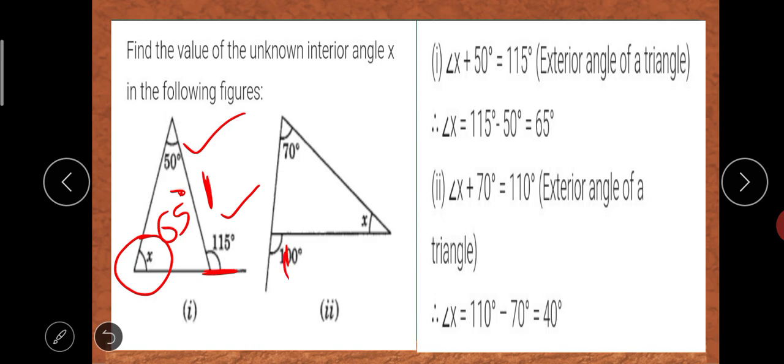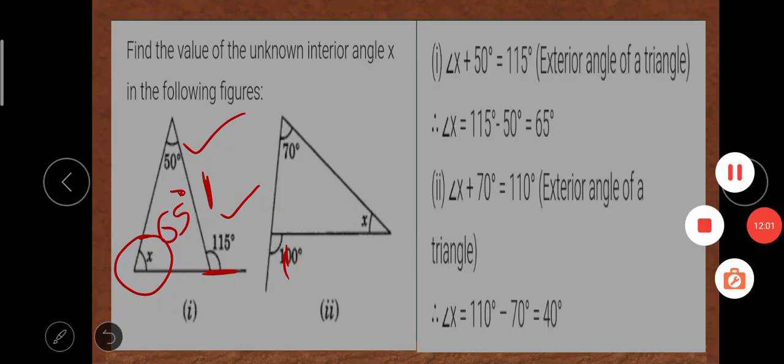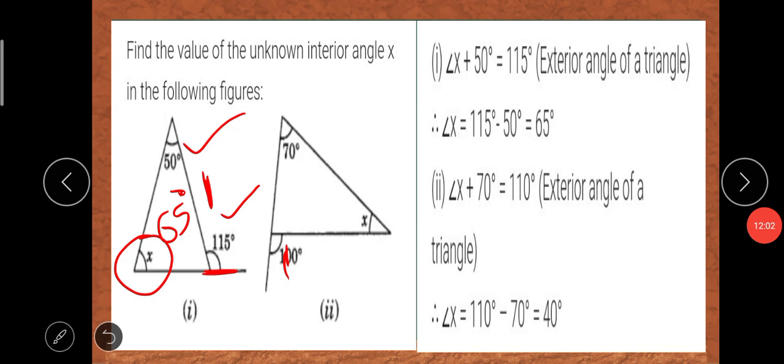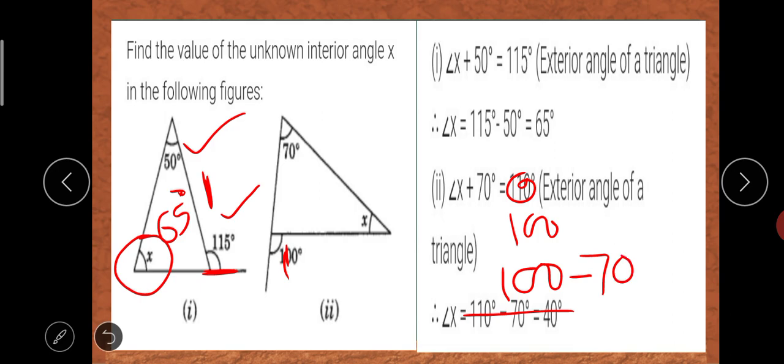Sorry, here it is 100. So 100 is given, so 100 minus 70, we will get 30 degrees. So the value of X will be 30.